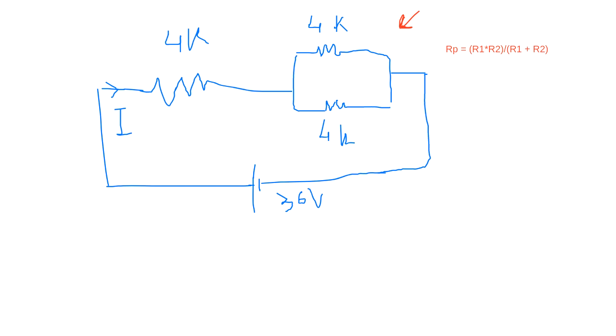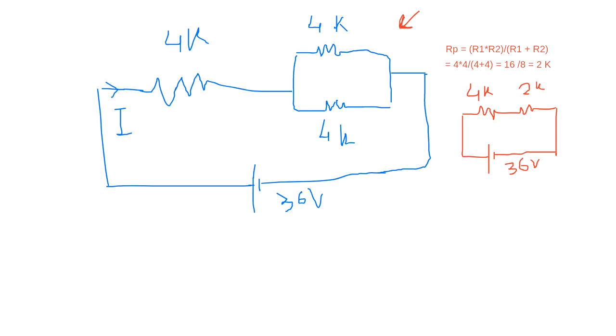So what is the new circuit? I will draw the circuit from the beginning. This is the 36 volt source, this is 4K, and this is the result of the two parallel resistors, the 2K.